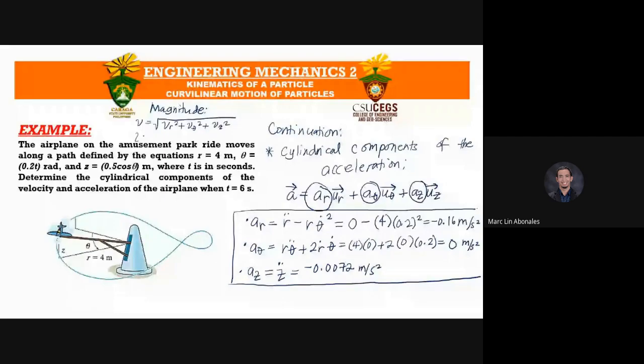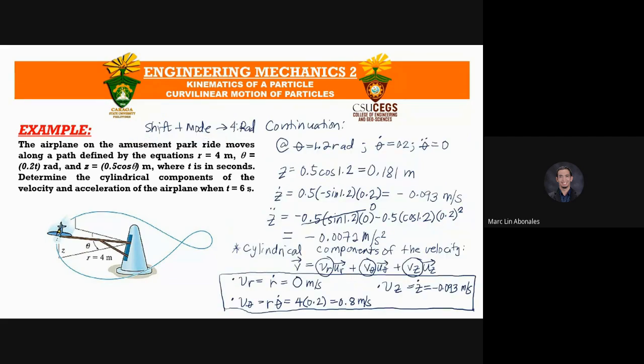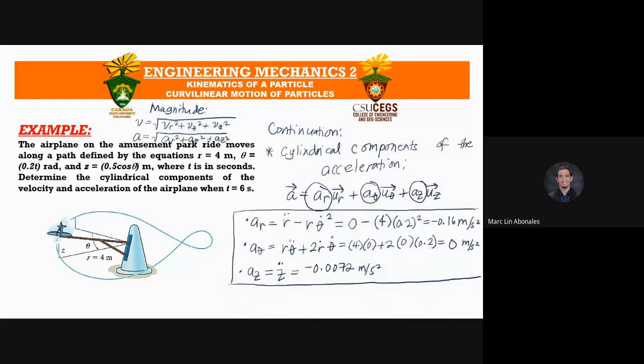And ang sa magnitude sa acceleration is AR squared plus A theta squared plus AZ squared. Okay? So this is for the 3-dimension. Kung 2-dimension, wala na ning VZ and AZ for the magnitude. So that is for the cylindrical components for velocity and acceleration.